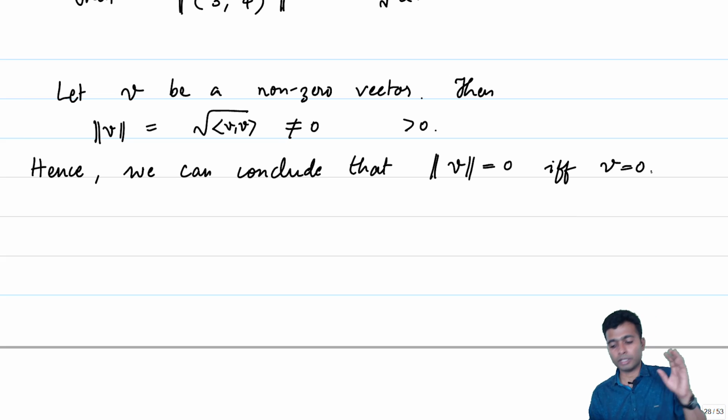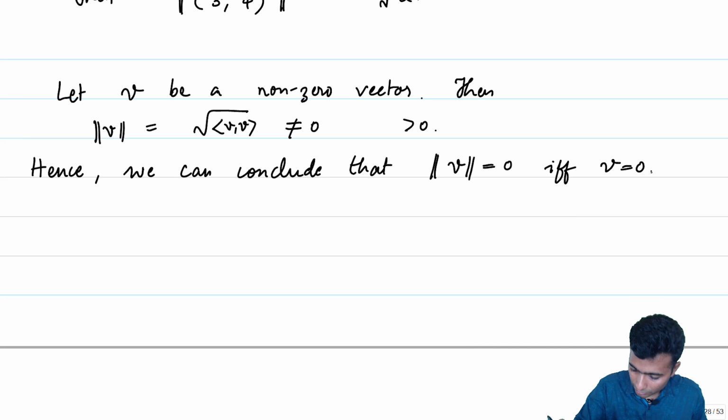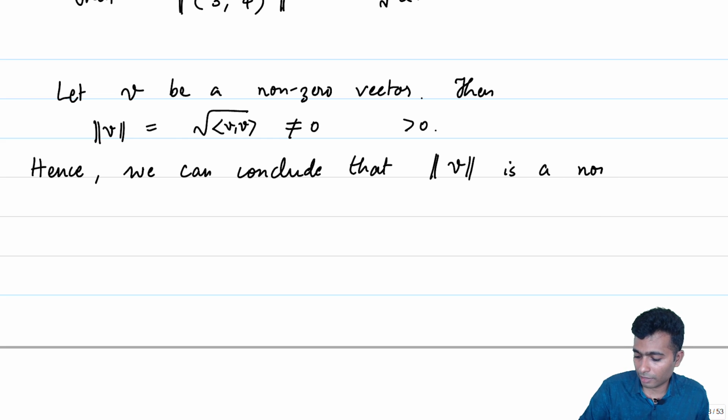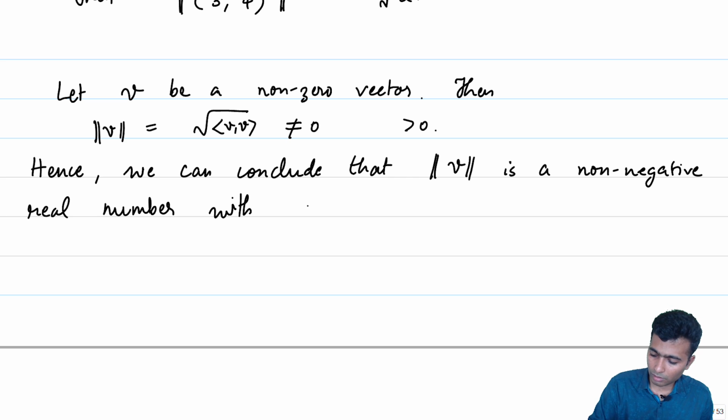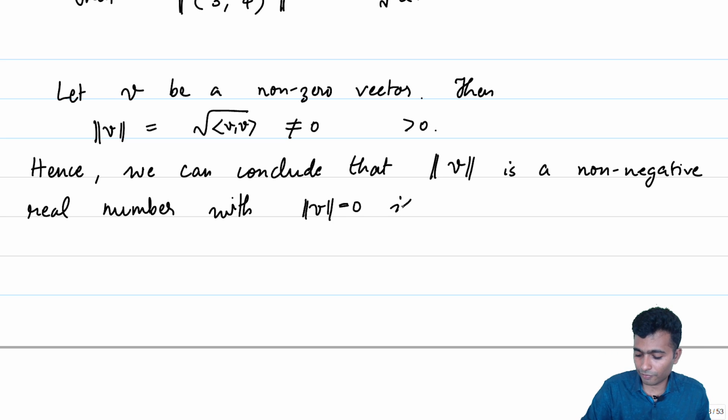Okay, let's conclude: the length of v is a non-negative real number with the norm of v equal to 0 if and only if v is the 0 vector.